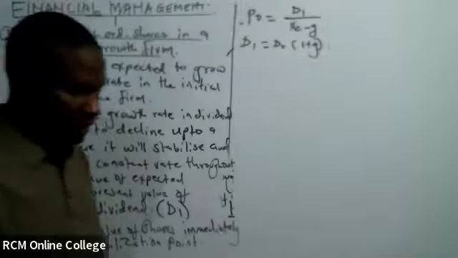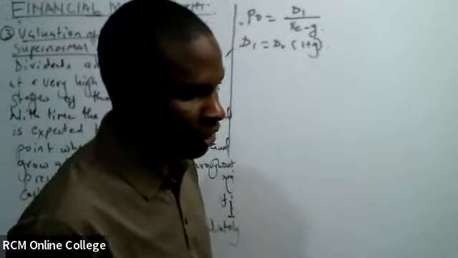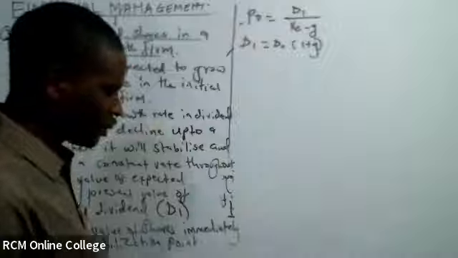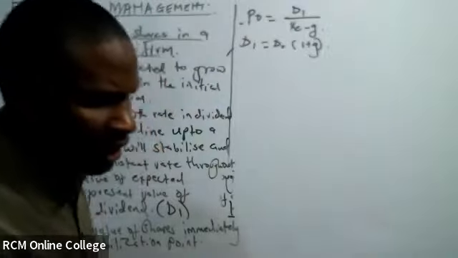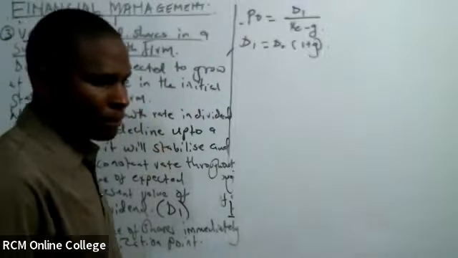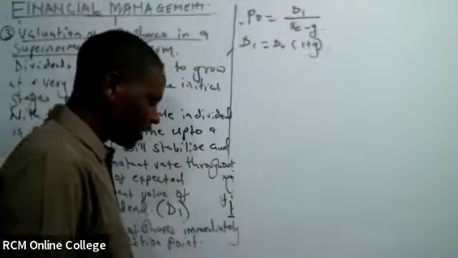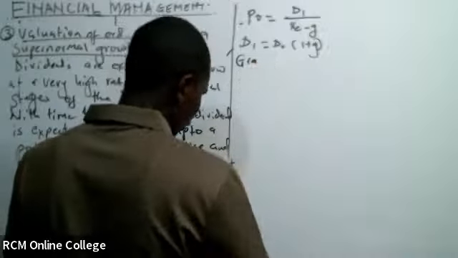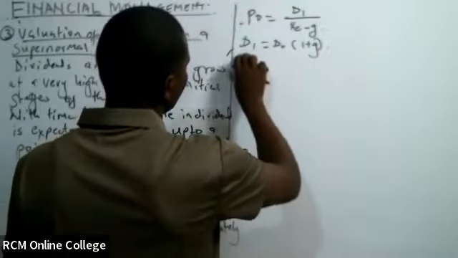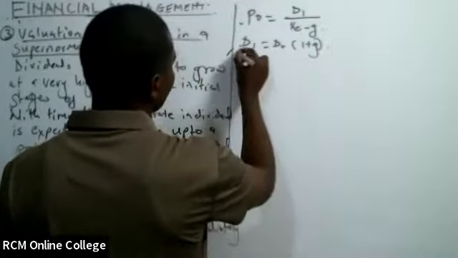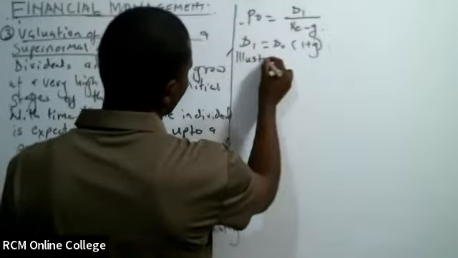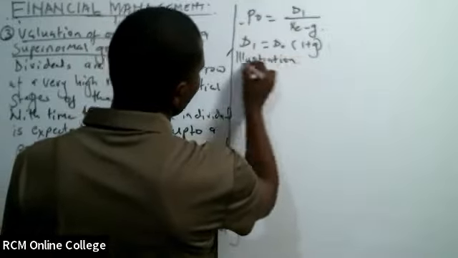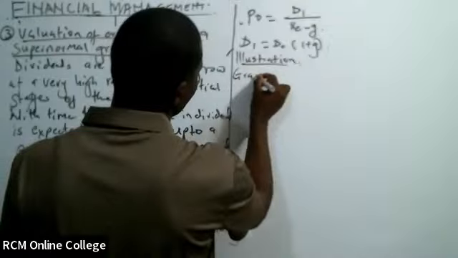Now, class, I want us to have an illustration, and I'm going to write it down. This is Grace Moeni Limited.